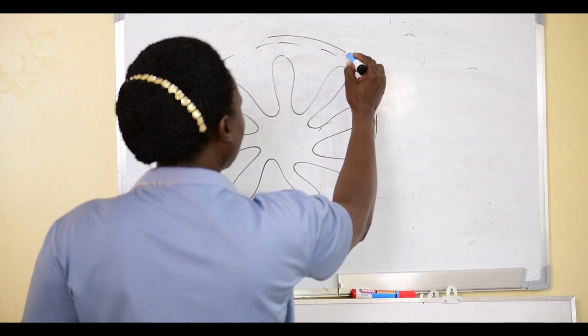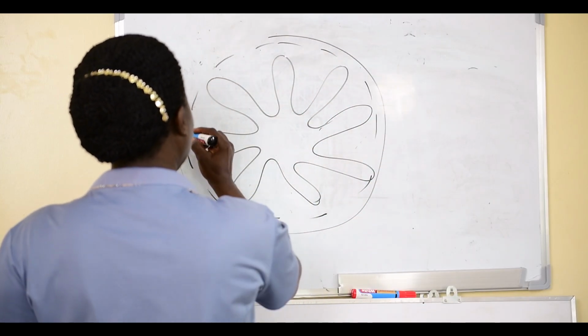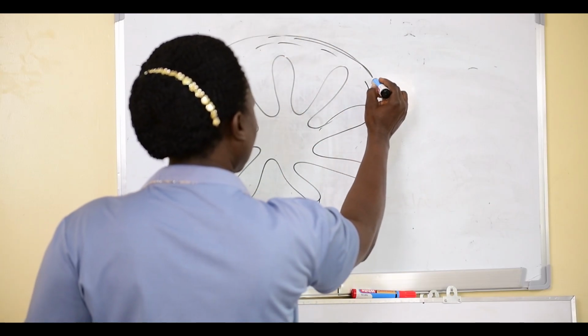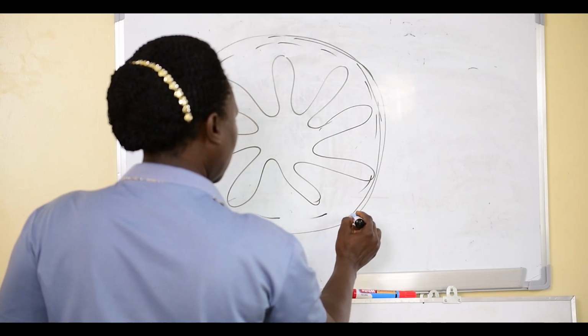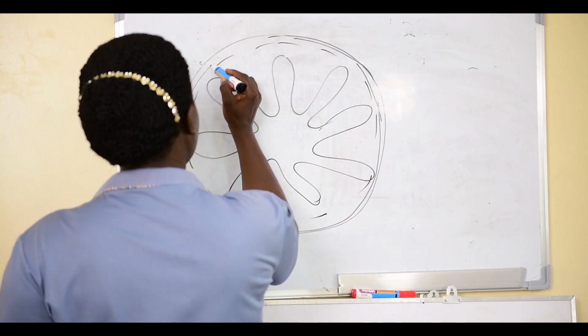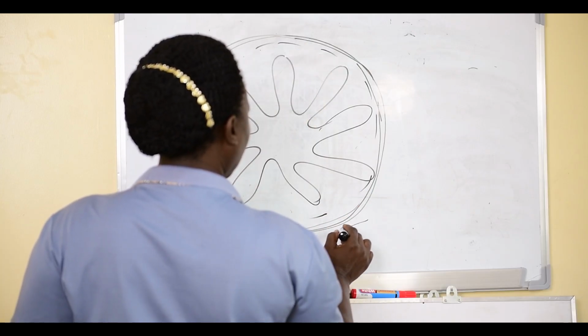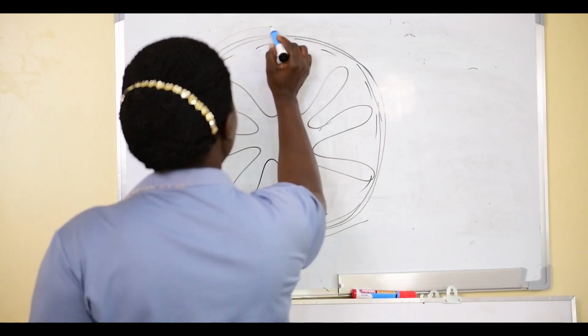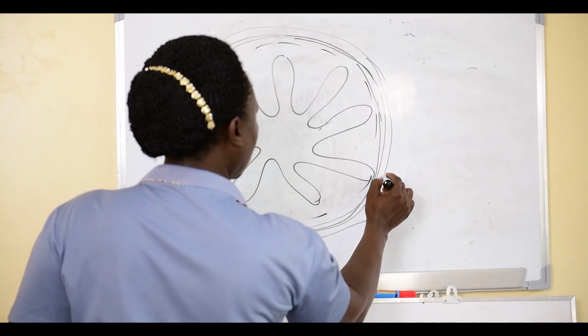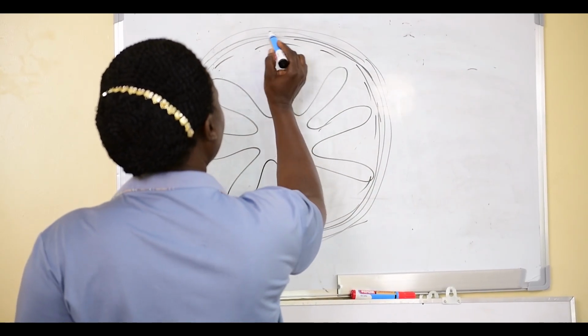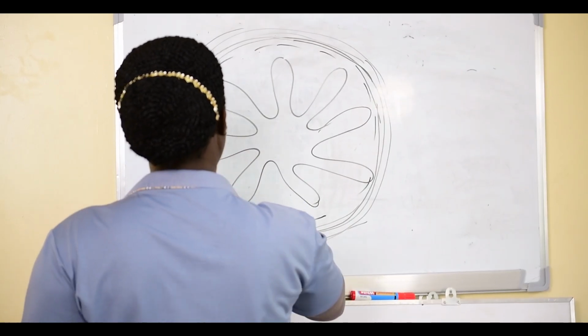Then we have a muscle coat. So remember, in anatomy, when you're told to draw muscles, you draw them with lines. So this is a muscle coat, like that.